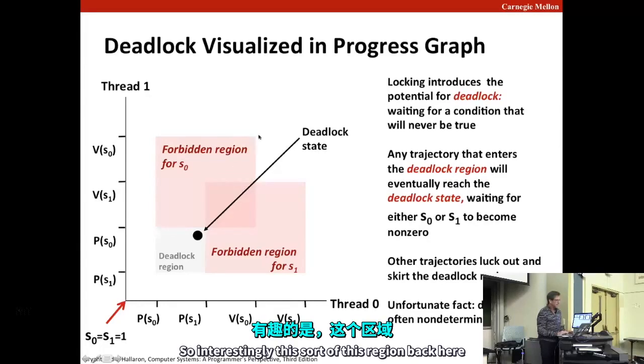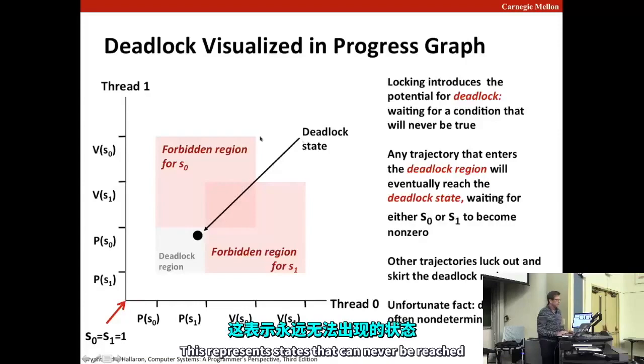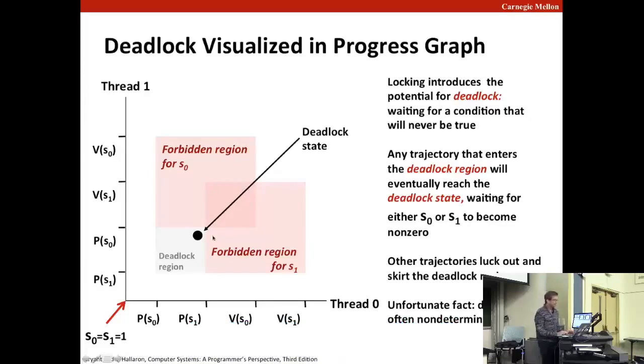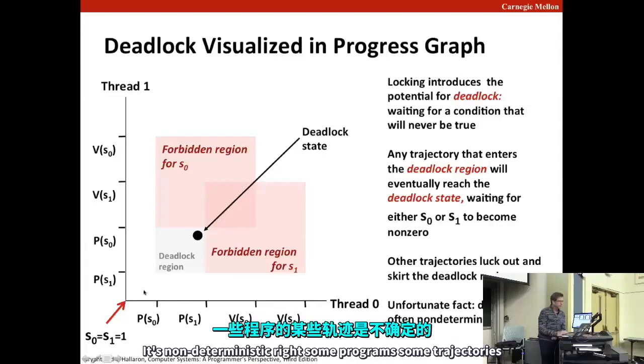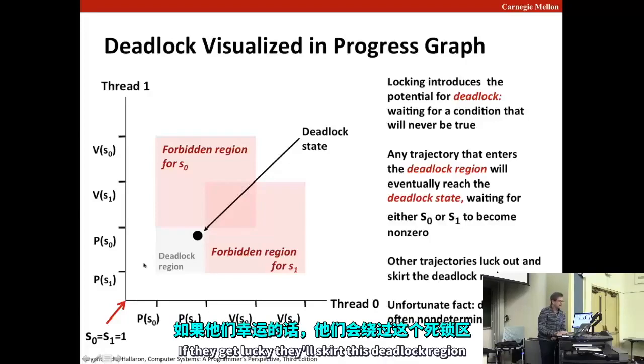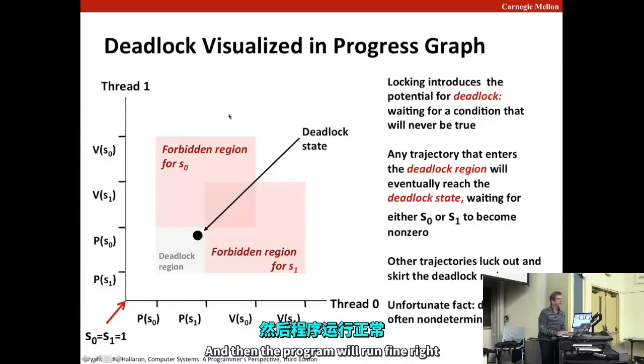And interestingly, this region back here, on the tail end of these two forbidden regions, represents states that can never be reached. So these are unreachable states, which may or may not be interesting. And then what makes this so nasty is that it's non-deterministic. Some trajectories, if they get lucky, will skirt this deadlock region, and then the program will run fine.